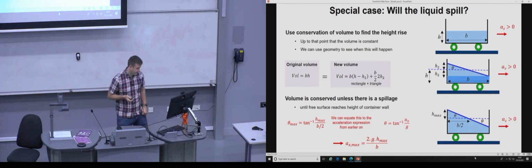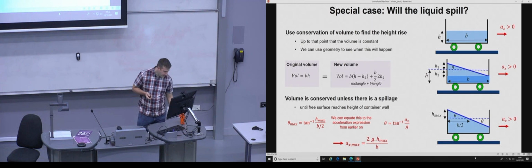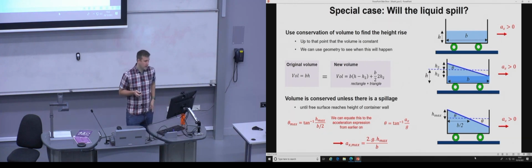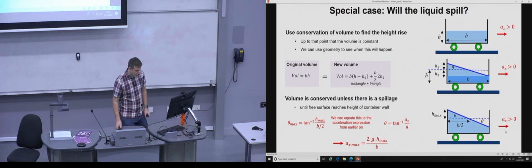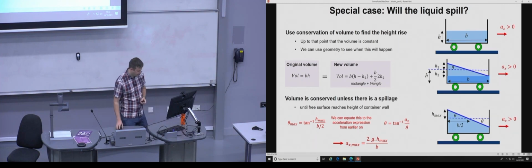Yeah? Over here, for a new volume, you see B over 2 times H2. Can this be simplified to BH2? Oh, a new volume. On the next slide. No, this one here. No, I'm not talking about this. The original volume is equal to the new volume. On the left side. Yeah, okay.